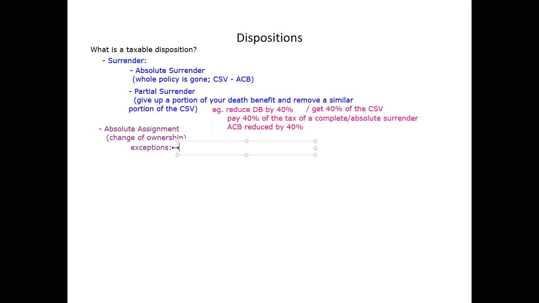Okay, the biggest one is between spouses. Okay, and here, this rollover always applies. So between spouses, we can always transfer property, capital property, life insurance contracts, whatever it is, all transfers just fine.